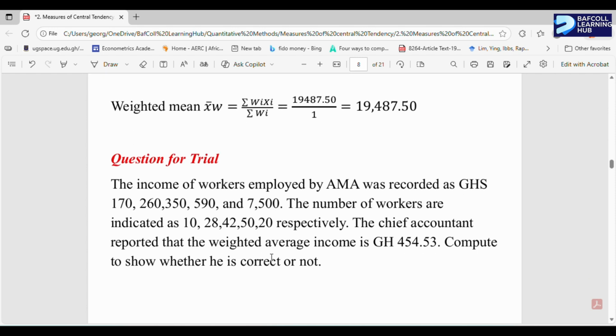So now we have to compute the weighted average.